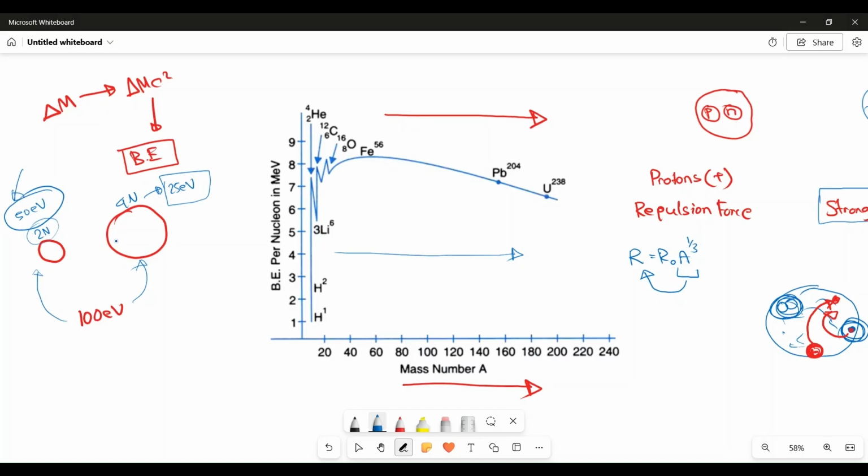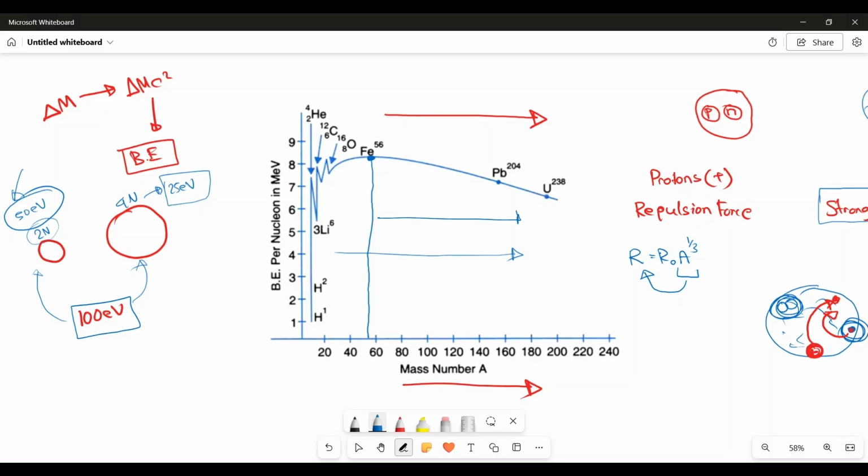So the stability of the nucleus depends on the binding energy, that is true, but more precisely on the binding energy per nucleon. Not only binding energy but also binding energy per nucleon. In the graph we can see that binding energy per nucleon is maximum for iron. This is the most stable position a nucleus can have.